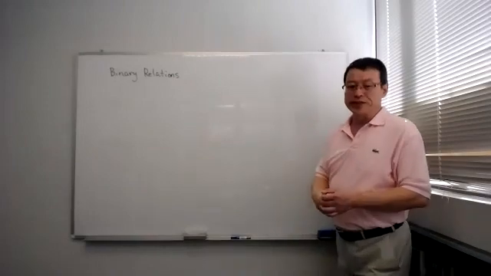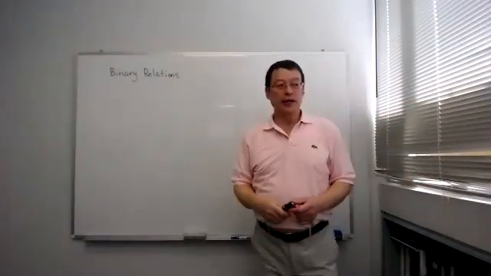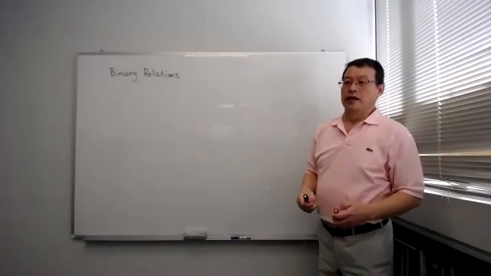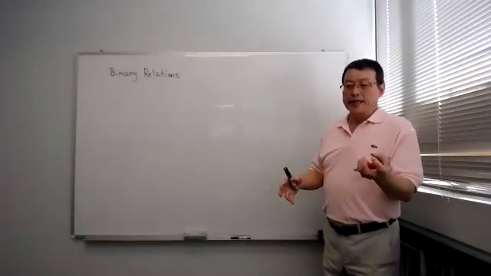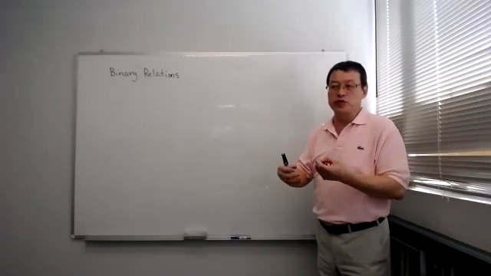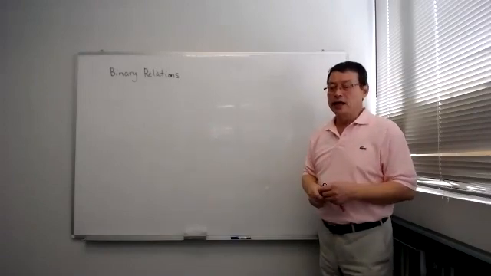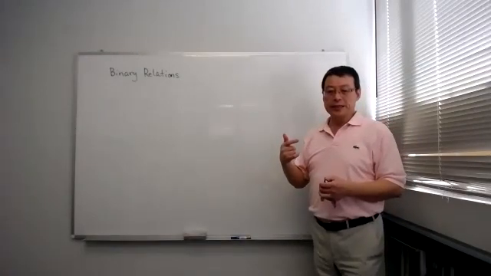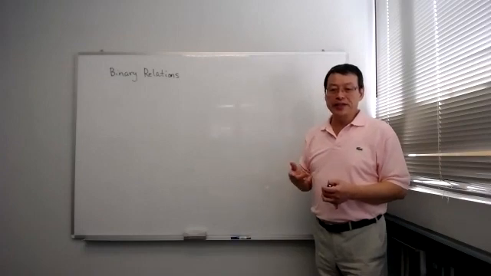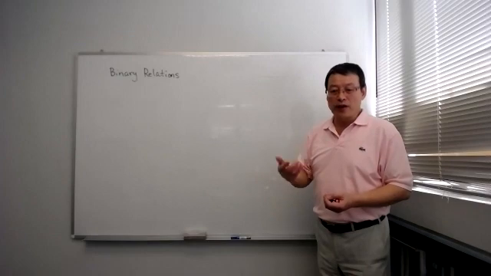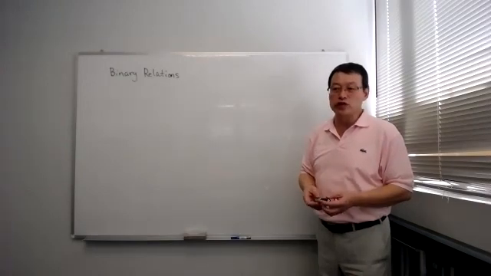Just as with functions, we can do a lot of things with relations. From a single function, we can generate other functions, or from 2 functions, we can combine them together to generate more functions. We can do the same thing with relations. Because relations are sets, all operations on sets apply to relations.